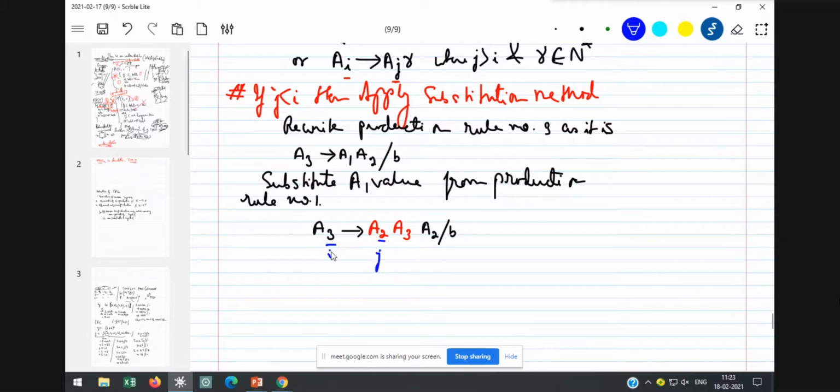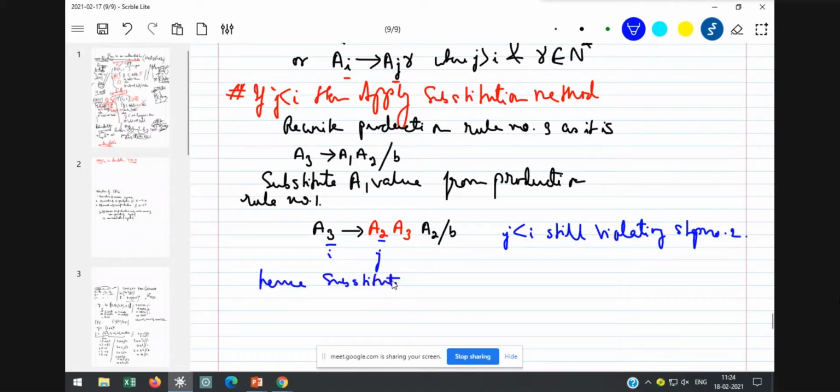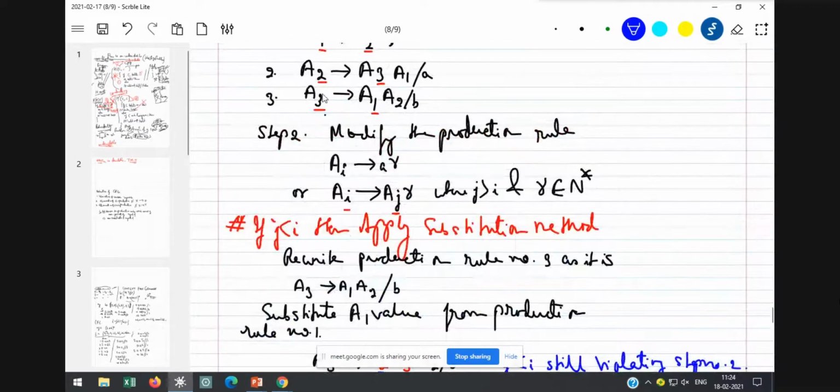So hence, as per step number 2, we need to substitute the value of A2 from production rule number 2. Okay, from production rule number 2, we are going to substitute this A2 value.